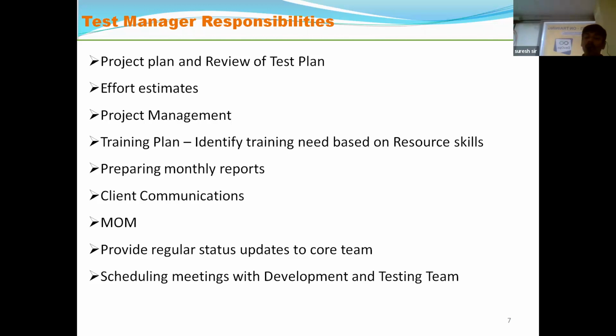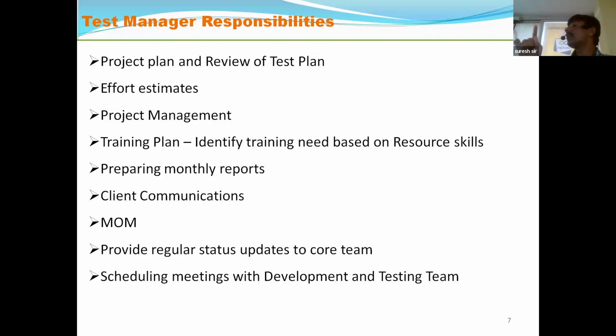And then along with that, the manager level also needs to prepare the MOM. What is the meaning of MOM? Minutes of meeting.